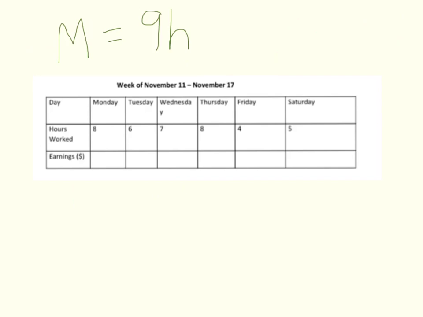For each of these days, to figure out the earnings, we have to plug in the number of hours into H. So for Monday, she worked 8 hours. 9 times 8, 72. So she earned $72 on Monday. She worked 6 hours on Tuesday. 9 times 6 is 54.